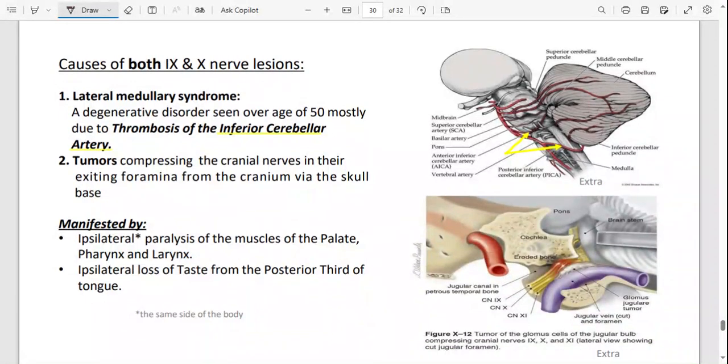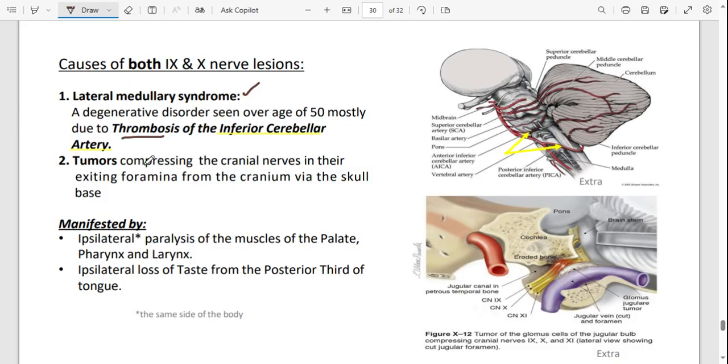So when there's a lesion to cranial nerve number 9 and cranial nerve number 10, both of them, what are the causes? There's what is called the lateral medullary syndrome, a degenerative disorder that happens over 50 years. There's thrombosis of the posterior inferior cerebellar artery, meaning that there is actually a clot in this artery. Okay.